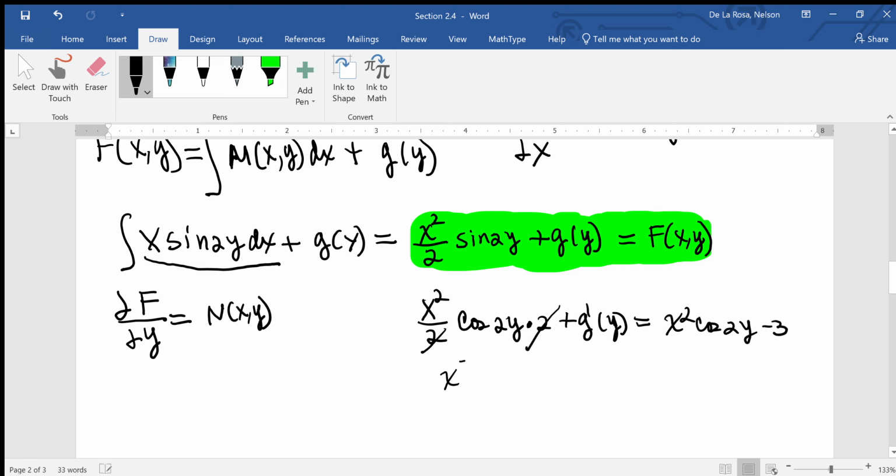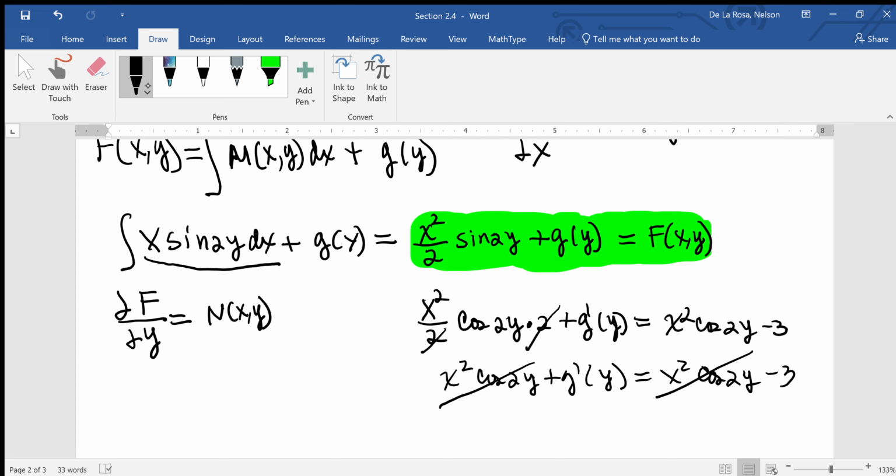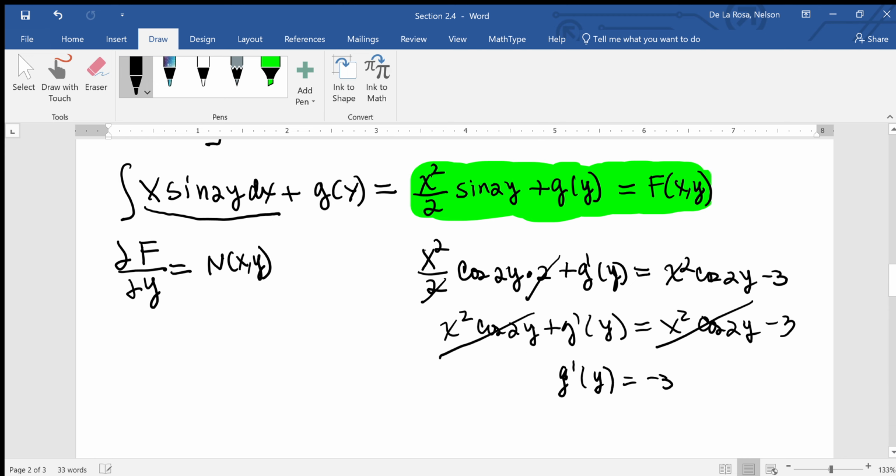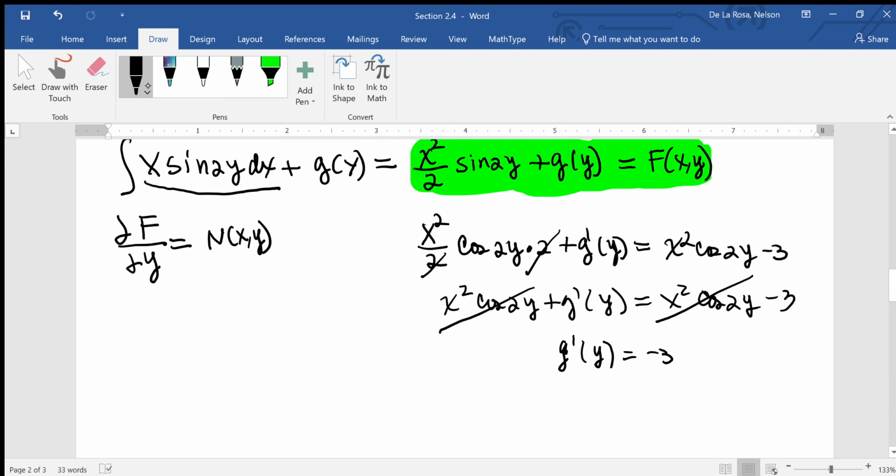We have x to the second cosine of 2y plus g prime of y equals x to the second cosine of 2y minus 3. These two terms are the same, so they cancel. So g prime of y is equal to -3. Then when we integrate g prime to find g of y, that is going to give us -3y.